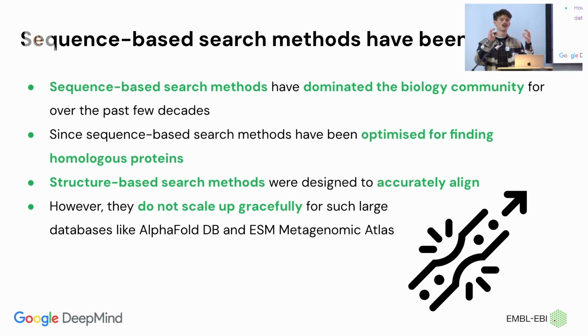That way you can start labeling certain protein-coding genes for what function they may have. So that's always been one of the main ways to identify the function of your protein.